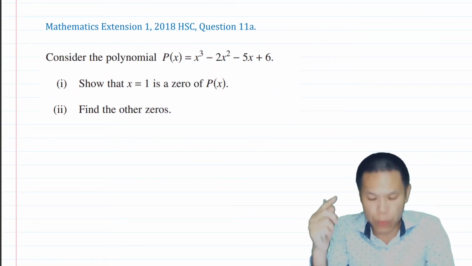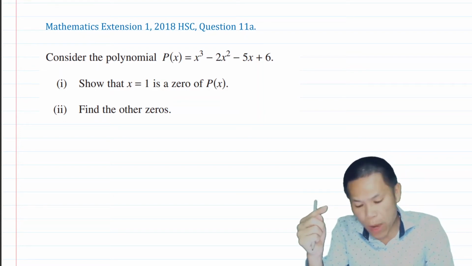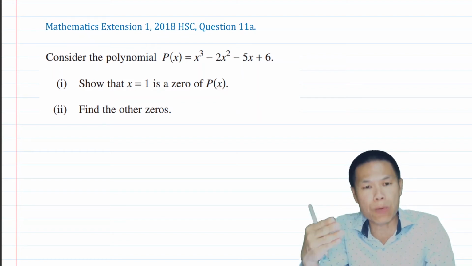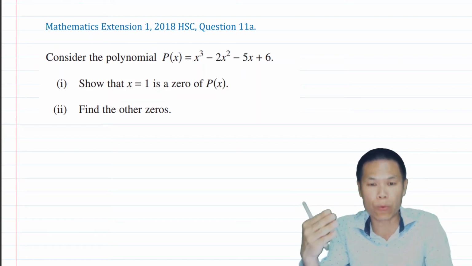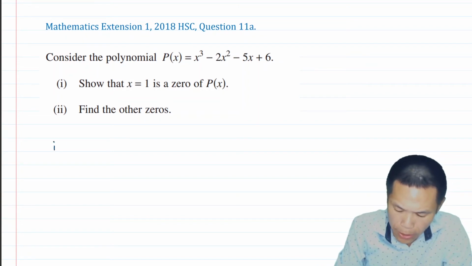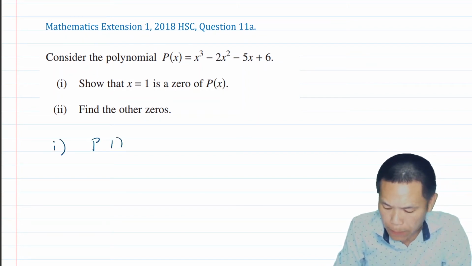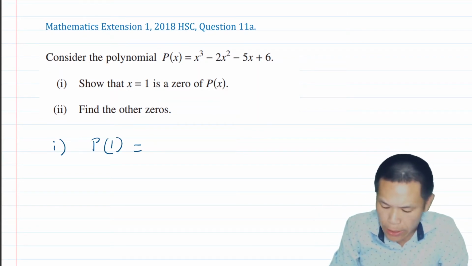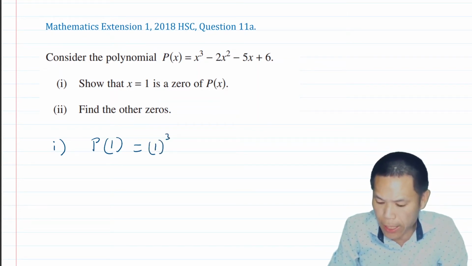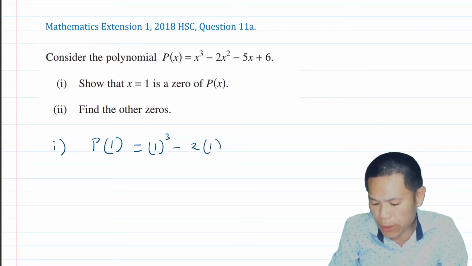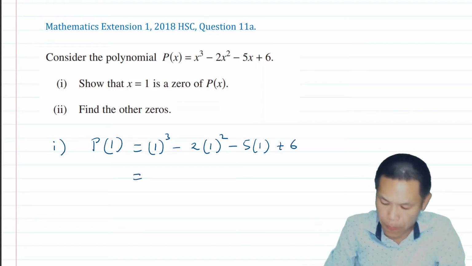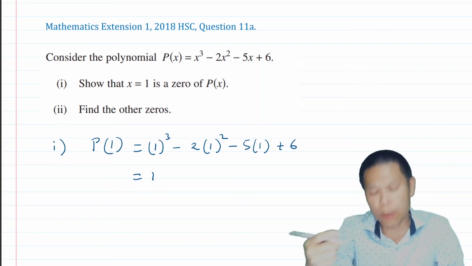So part 1, we need to show x equals 1 is a zero of P(x). What it means is we find P of 1 and it should give us 0. Okay, so just write part 1 here. P of 1 is equal to 1 to the power 3, which is 1, right? I just write this out first: minus 2 times 1 squared, minus 5 lots of 1, and plus 6. 1 to the power 3 is 1. 2 lots of 1 is 2.